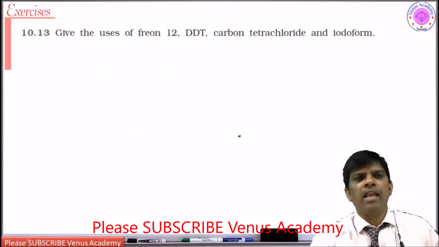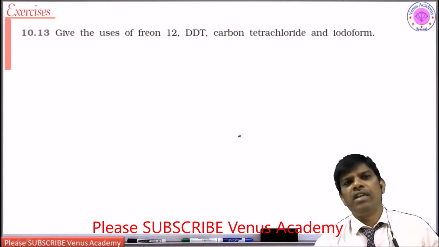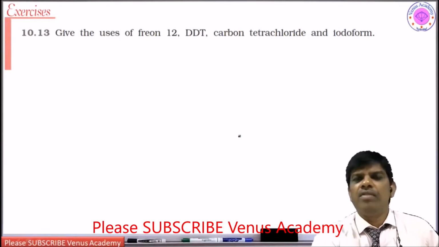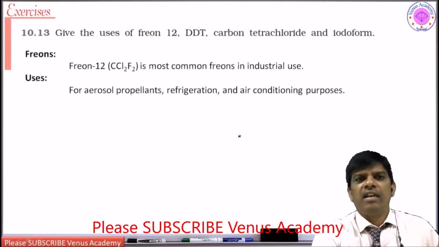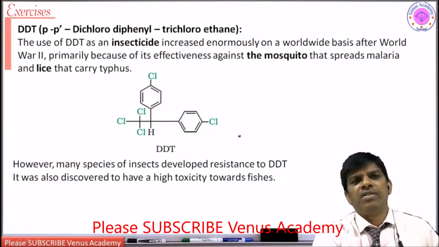Next, give the uses of freon, DDT, carbon tetrachloride and iodoform. Dear students, freons are refrigerants, aerosol propellants, and used for air conditioning purposes. DDT is an insecticide used to kill mosquitoes and lice.